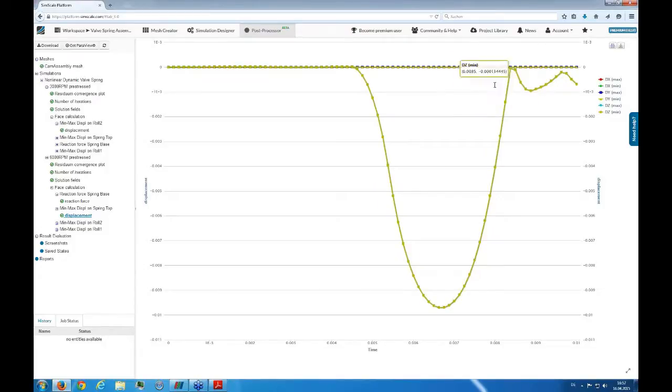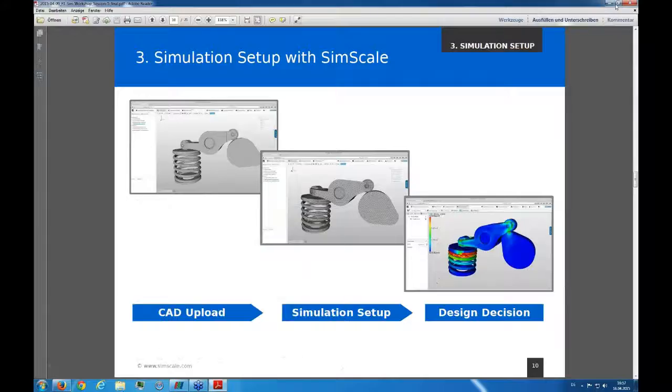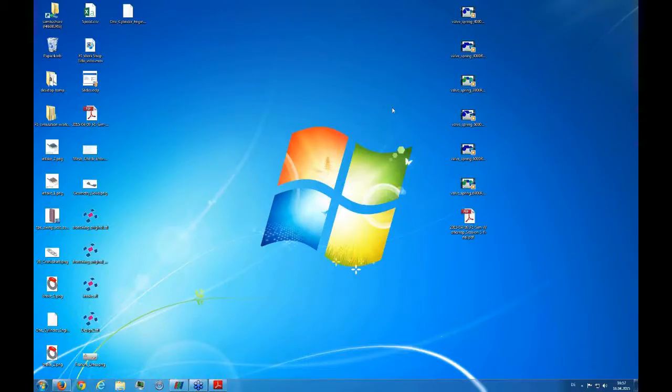So this is what we see here in this graphic. If you can imagine it, we see a valve bounce. So we really see the bouncing here, and what is happening here is the valve is opening again. So I prepared some videos, which I find cool, to see the total behavior of the spring.